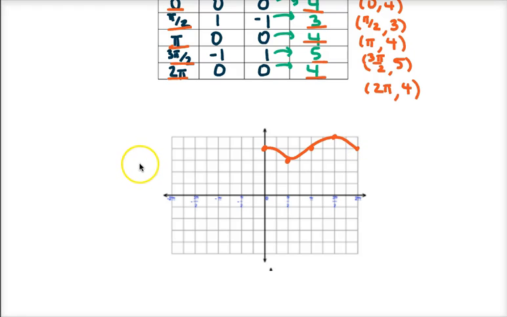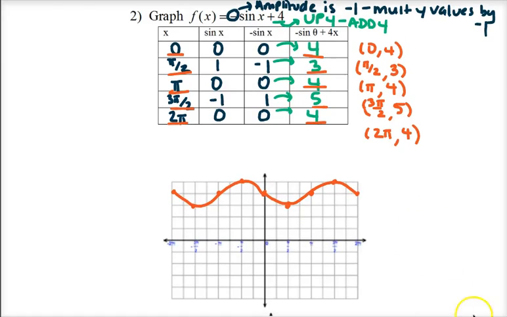Okay. Again, I'm going to fix this really fast. And then I'm going to copy paste this curve over here. Okay. And that is what that function is going to look like.